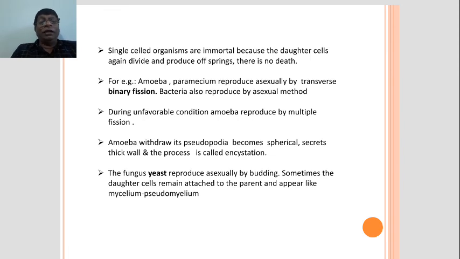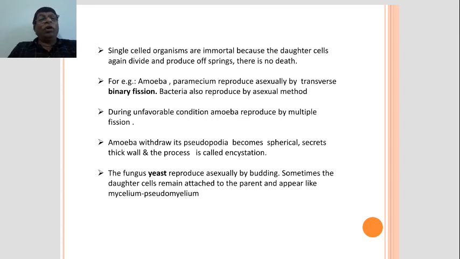How does it take place? During budding, a small outgrowth forms on the parent wall. The nucleus elongates and divides into two daughter nuclei. One of the nuclei migrates into the bud. Then cytoplasmic division takes place. The daughter cell is formed. The bud is formed.